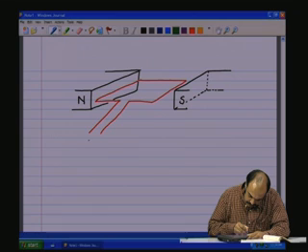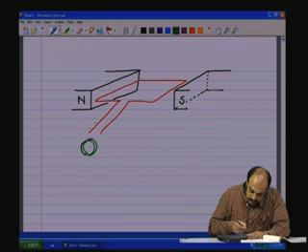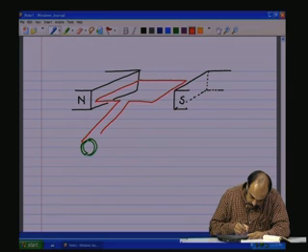So, let us have a ring in this fashion. Now, this one end of the coil is soldered to this.